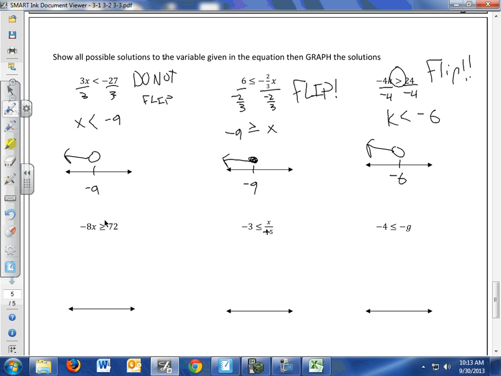Okay, we should have flipped here, we should flip here. Do not flip here and flip here. We had to divide by negative 1. We had to multiply by positive 5, divide by negative 8, divide by negative 4. Make sure you remember these for your homework.